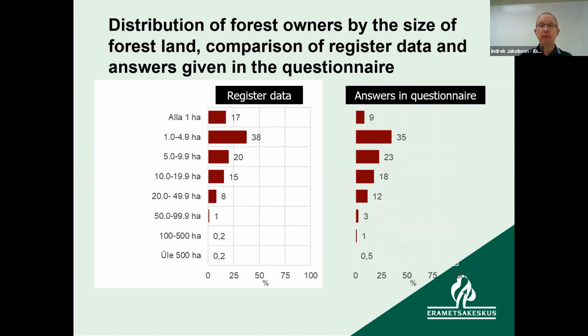In register data, it means forest register data, and if we compare with answers in the questionnaire, we see some differences. Less than 1 hectare in the forest register is 17%. In our questionnaire, only 9%. But you see the differences between registers and answers are not so big, so it takes more or less an average forest owner.